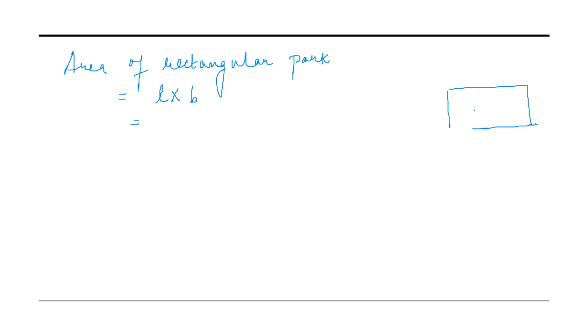Now, first, let me write the area of the rectangular park. The area of a rectangular park is length into breadth. Obviously, if you have a rectangular park, cultivation will be done on the area.